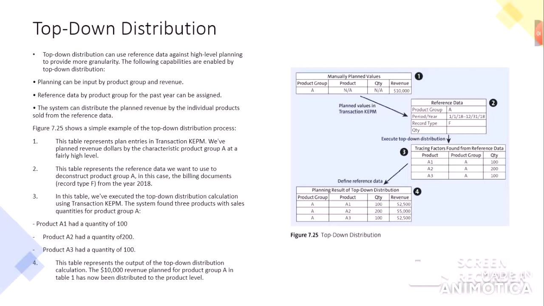Tracing factors found from reference data. Product A1, A2, A3, product group A, and quantities 100, 200 and 100. So define reference data. So planning result of top-down distribution. So the revenue is like this. We have shared that.